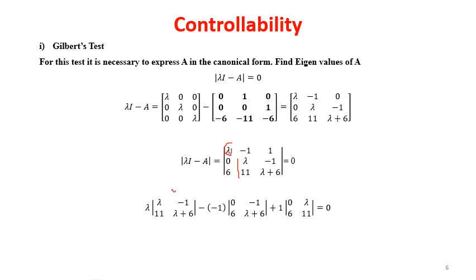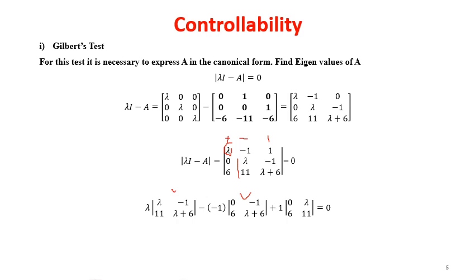The signs alternate: plus, minus, plus. So next, minus of minus 1, leaving out this row and this column, we get 0, minus 1, 6, lambda plus 6. Plus 1, eliminating this row and this column, we get 0, lambda, 6, 11.